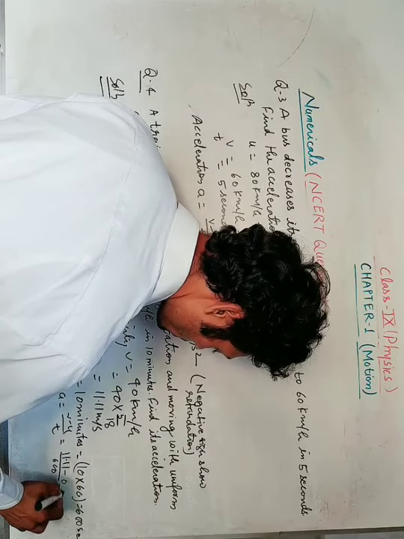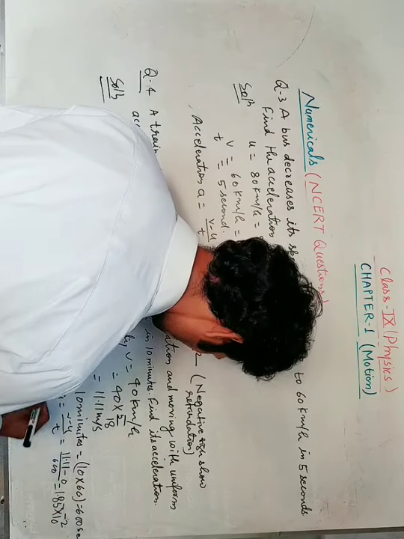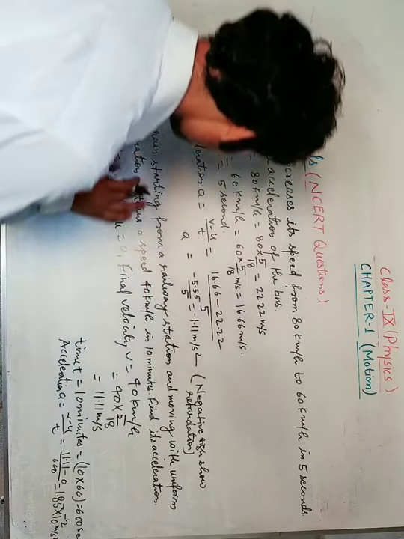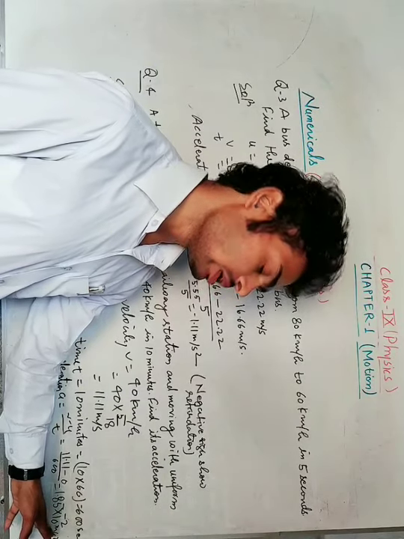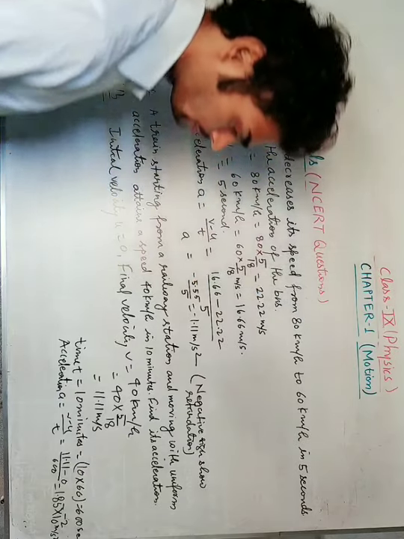After solving, it becomes 1.85 into 10 to the power minus 2 meter per second square. The acceleration of the train equals 1.85 into 10 to the power minus 2 meter per second square.